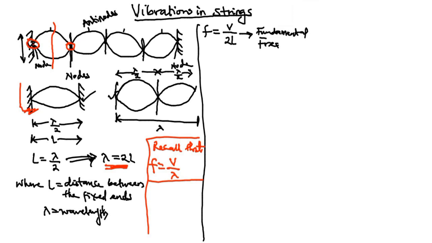It is called the fundamental frequency, and I want to denote it with F naught. We will be needing it along the line, so I am going to pen it down to say that F naught is equal to V over 2L, and I'm going to put it in a box, and we will try not to wipe it.